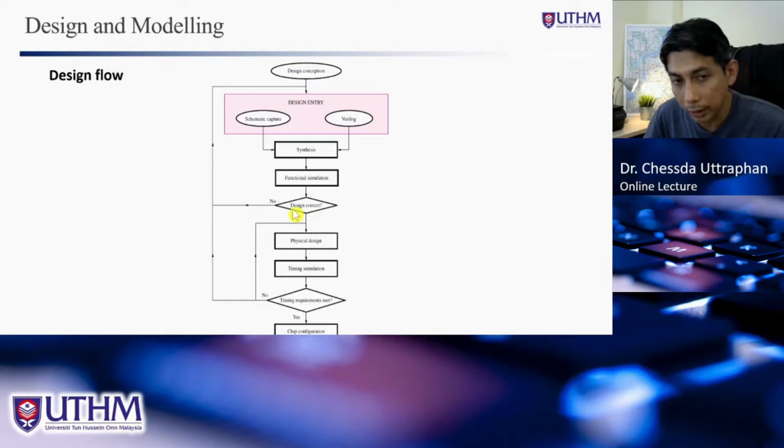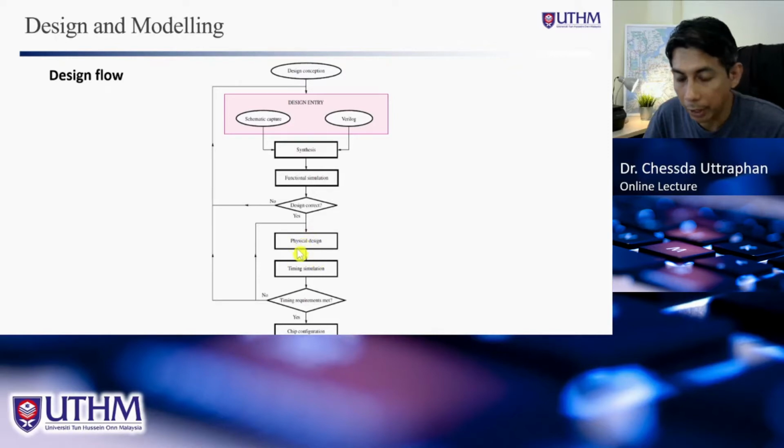For example, we want the output to be 1 but we get 0. So something is wrong with our design, so we need to go back and do the code, synthesize and do the simulation again until everything is good. We get the correct output, and now we do the physical design.